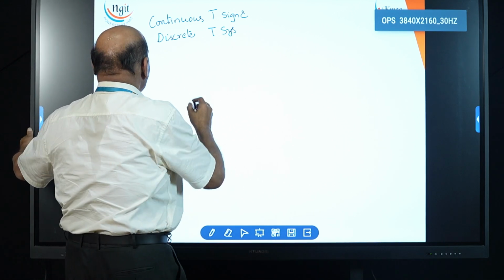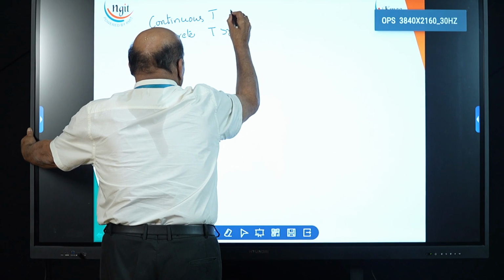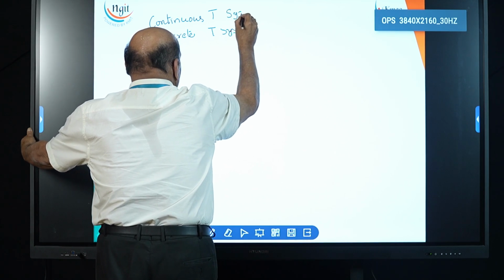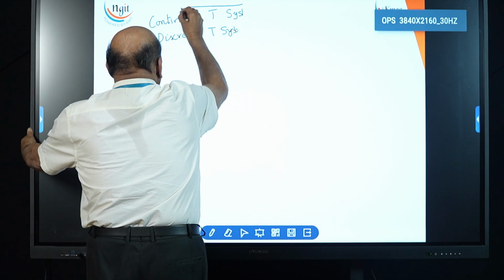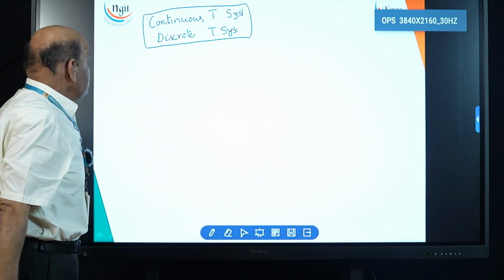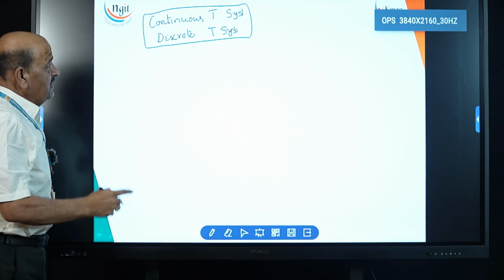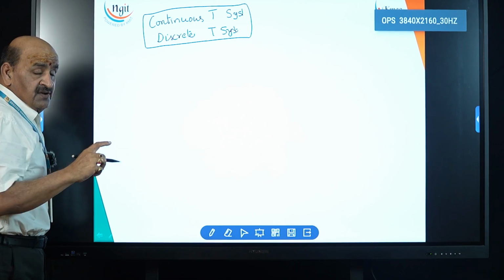Here is one more point: continuous time systems and discrete time systems. Actually, these are signals. You can consider them vice versa.